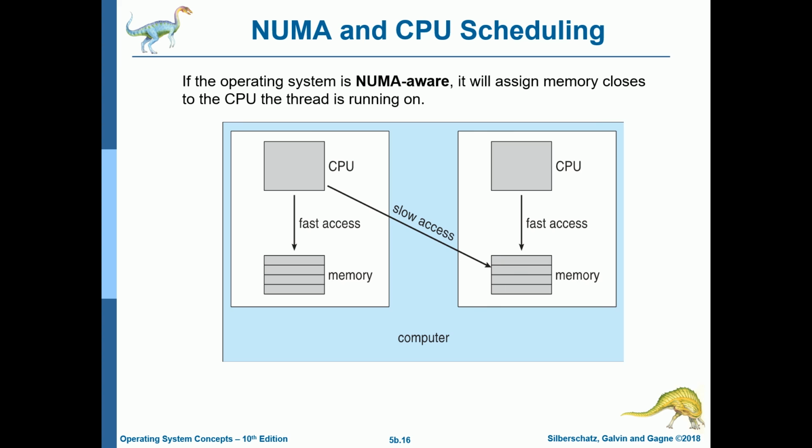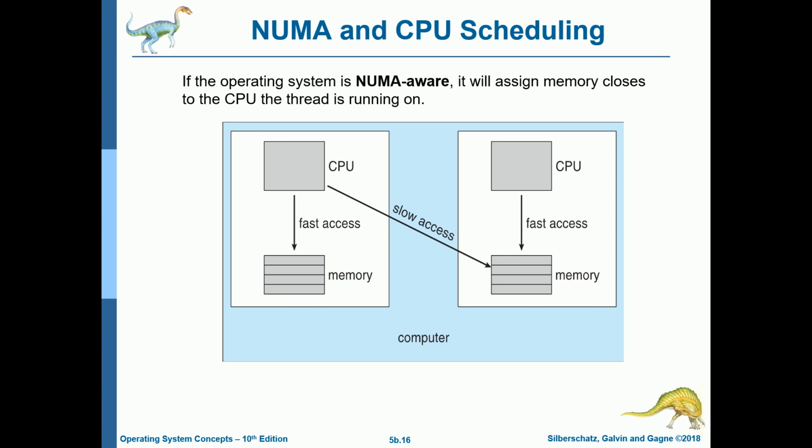Taking a look at this, the main memory architecture of a system can affect processor affinity as well. As we can see here, non-uniform memory access, NUMA, has two physical processing chips, each with their own CPU and local memory. Although a system interconnect allows all the CPUs in a NUMA system to share one physical address space, a CPU has faster access to its local memory than to the memory local to another CPU.